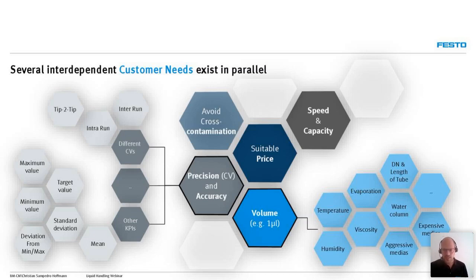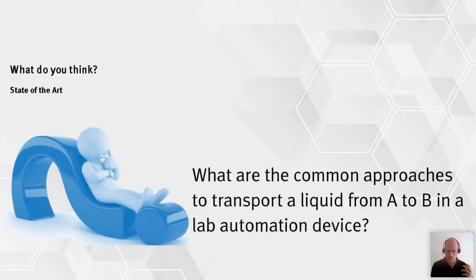So finally, I think the most important thing is we want to transport a liquid from A to B with a certain amount and with a defined CV, so in a range that we are doing every time the same. And now the question is, how can we do this?